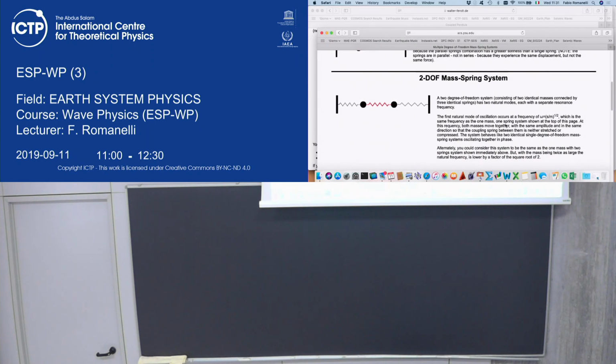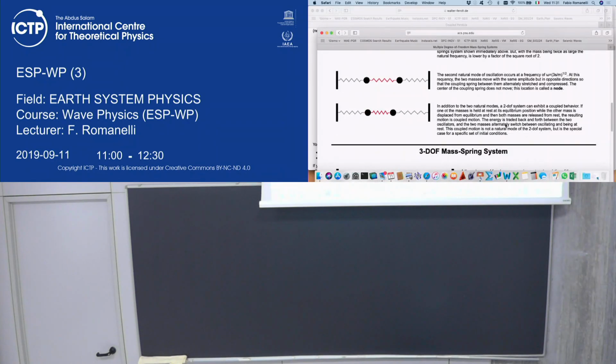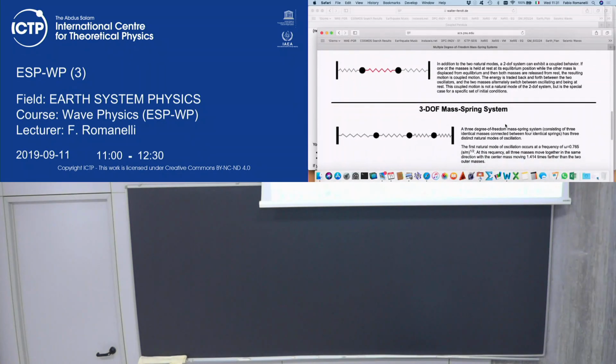Now you can imagine one spring, and one in the middle. In this configuration, the middle spring is not working. In this configuration is working at its best. Here you have a combination. You can do whatever. Now the idea is to go on 3 degrees of freedom. You can guess that there will be 3 normal modes. All the masses on one side and the 2 internal springs are not working.